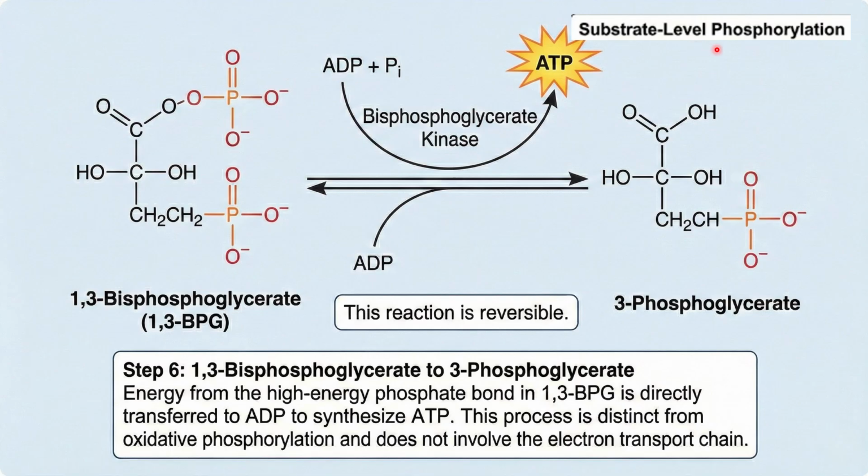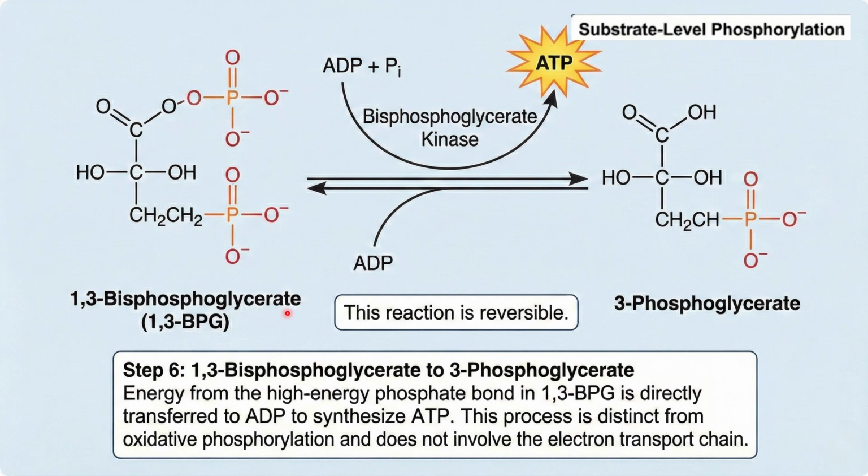For this substrate level phosphorylation, what it needs is an ADP molecule and a phosphate donor molecule. 1,3-bisphosphoglycerate is the only molecule here that can donate one inorganic phosphate to ADP to form ATP, whereas 3-phosphoglycerate cannot donate the inorganic phosphate. Hence, arsenate inhibition, even though it can produce 3-phosphoglycerate, does not produce ATP.